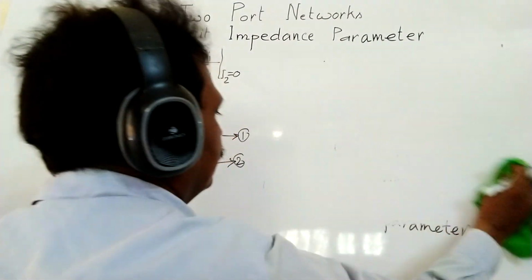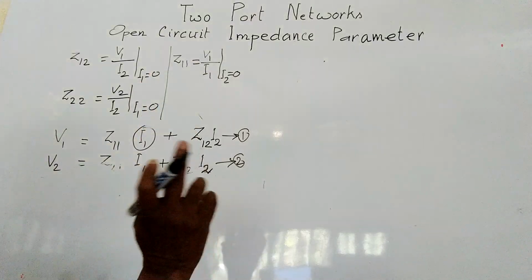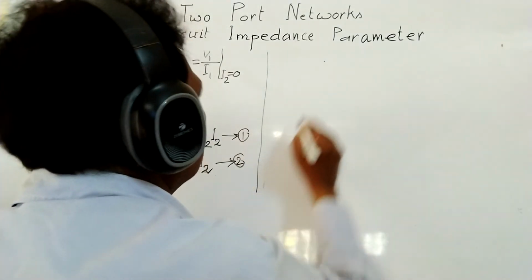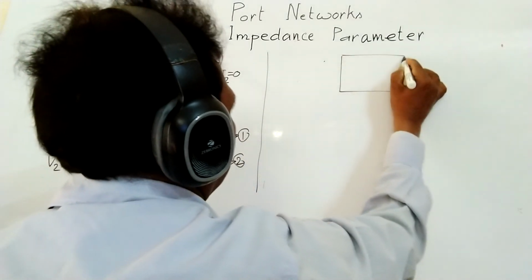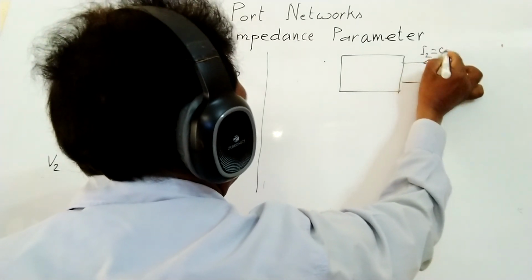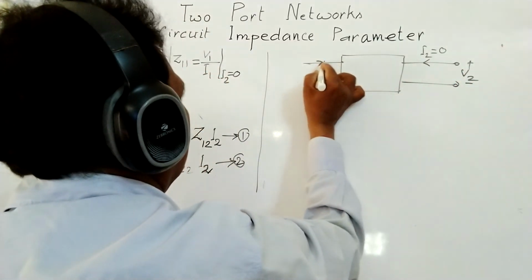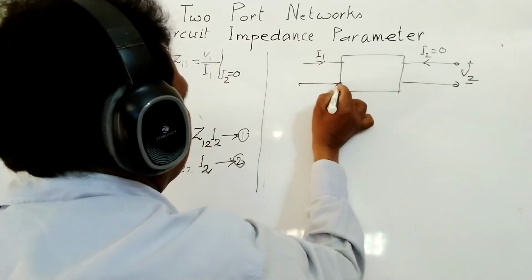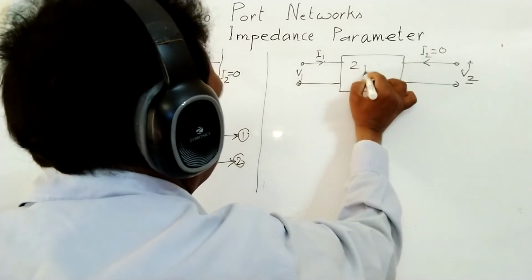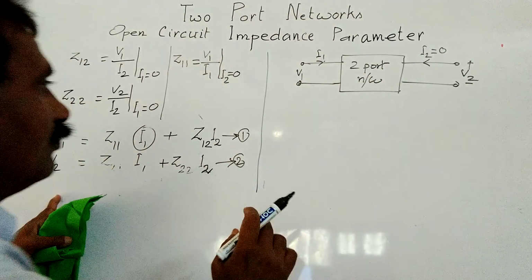Now see the next case. We have obtained the first, second, third, three values, and the Z parameter has four values. Now here again we are going to open circuit the output port. This is the voltage V2 and this is I1, similar to before with V1, in the two port network.